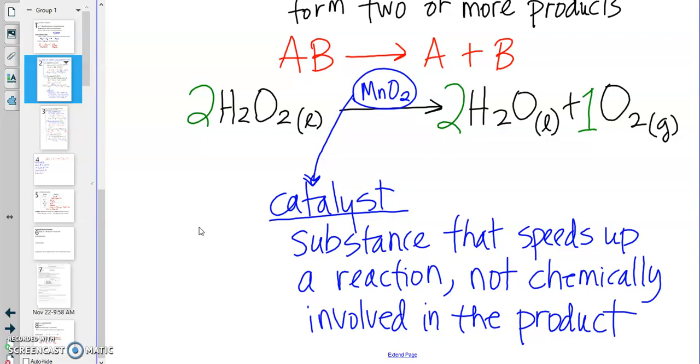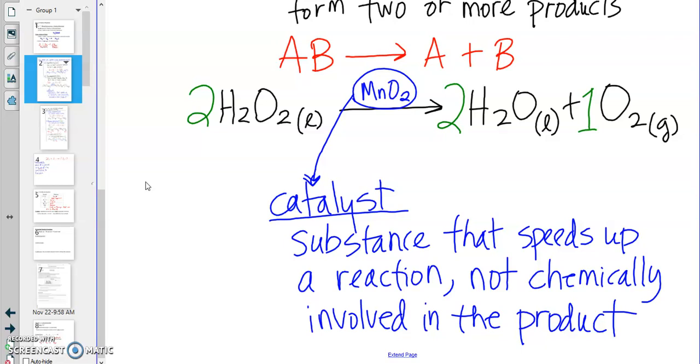And so if I put in 2 grams of MnO2 into a test tube, and then I added H2O2, what's going to happen is that MnO2 is going to catalyze the peroxide, and it's going to break it down much faster. Probably about 100,000 times faster, if not a little bit more.